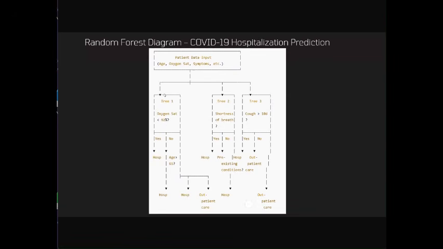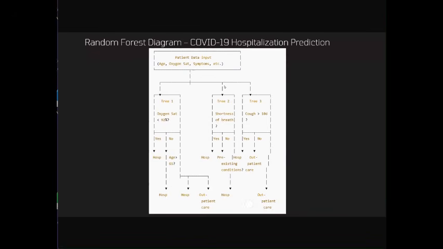The moment that patient has oxygen saturation less than 92%, they are going to hospitalize immediately. But if the oxygen saturation is not less than 92%, they will not hospitalize. But even if the oxygen saturation is not less than 92%, if that person is over 65 years, they will still hospitalize.